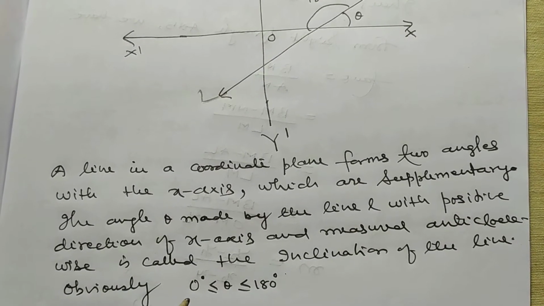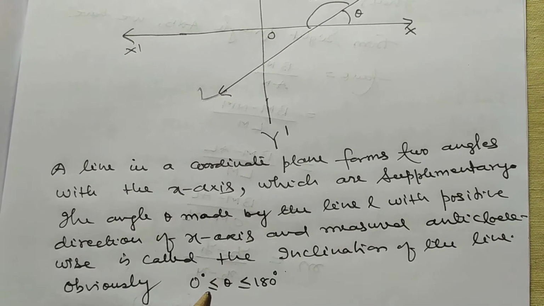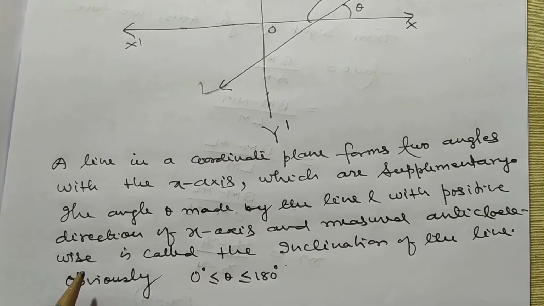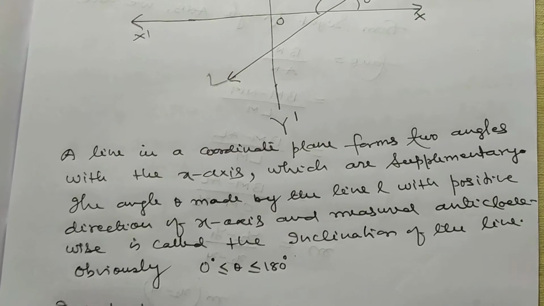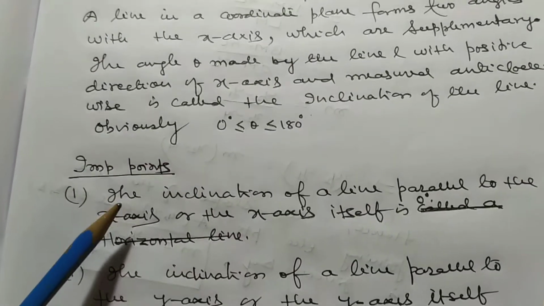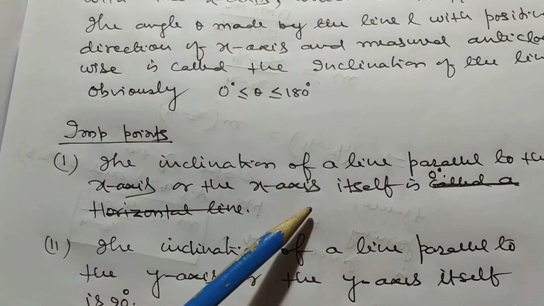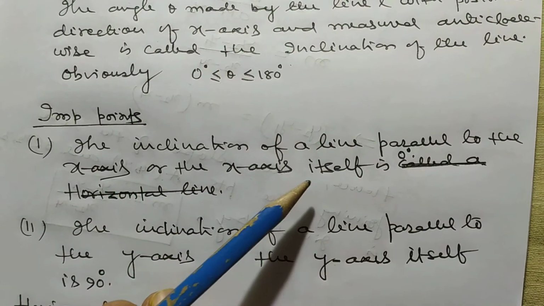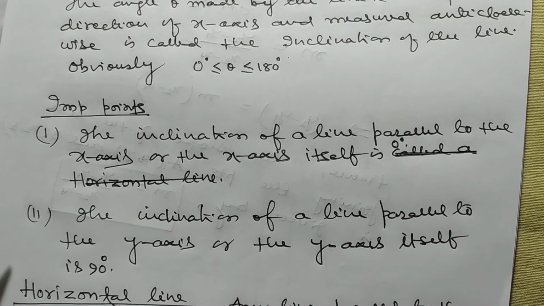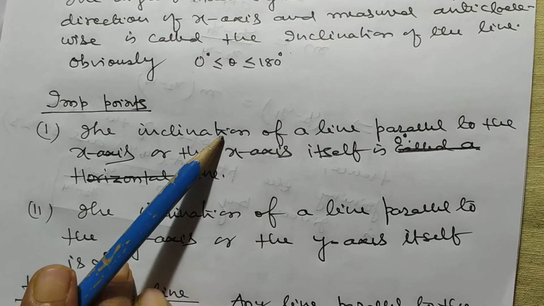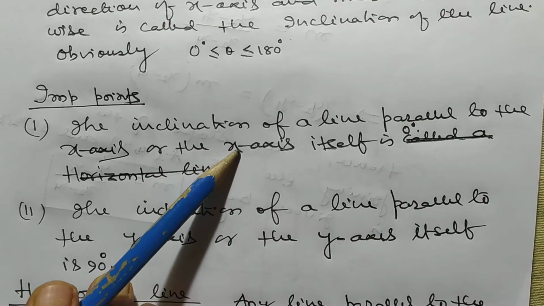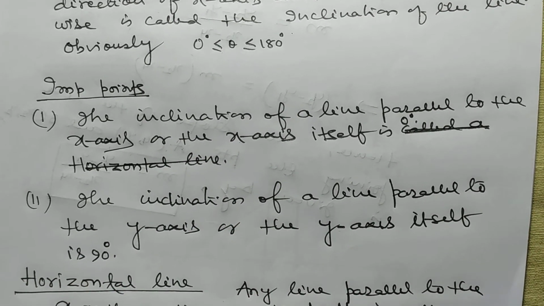Obviously, 0 is less than or equal to theta, and theta is less than or equal to 180 degrees. Now the important point is that the inclination of a line parallel to the x-axis, or the x-axis itself, is 0.